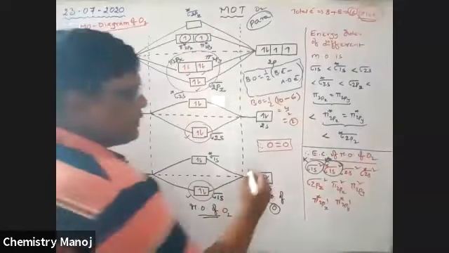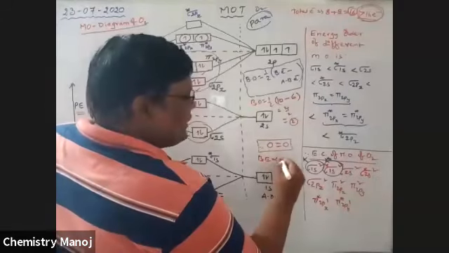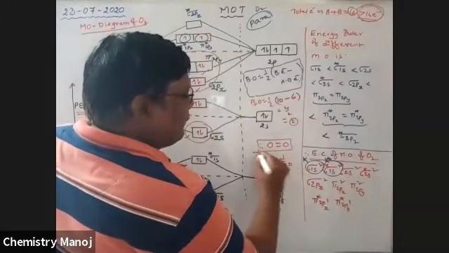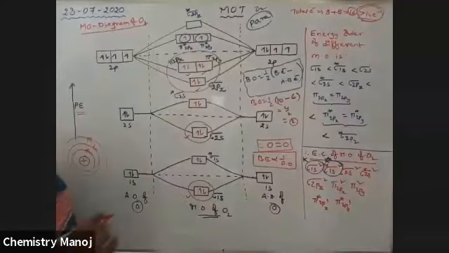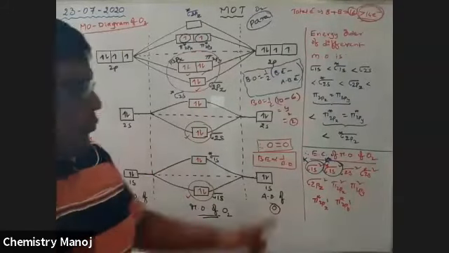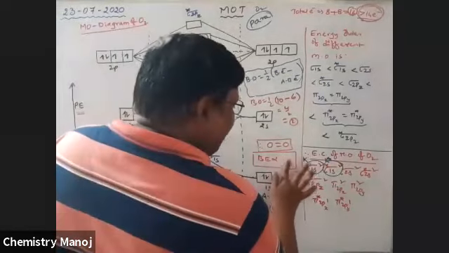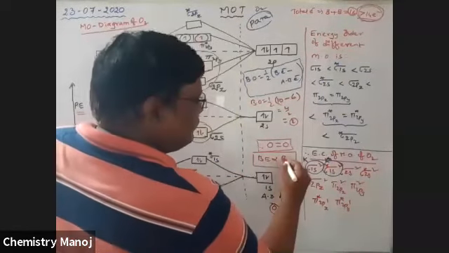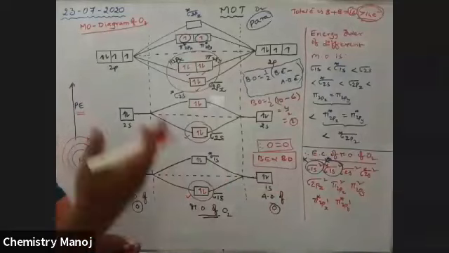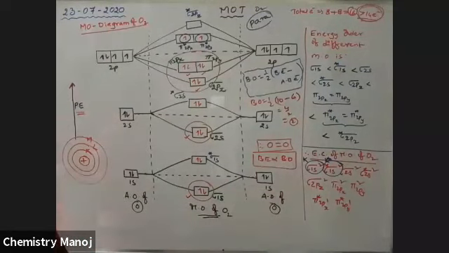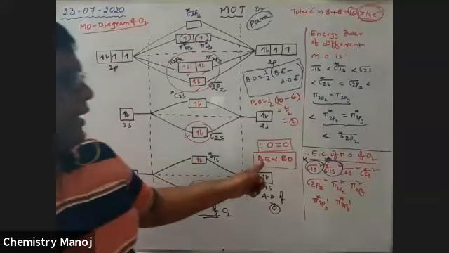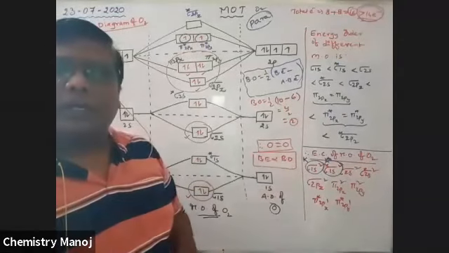Sorry, bond energy is directly proportional to bond order. More bonds, more energy is required to break that bond. Less bonds, less bond energy.